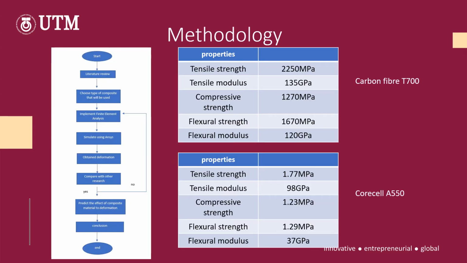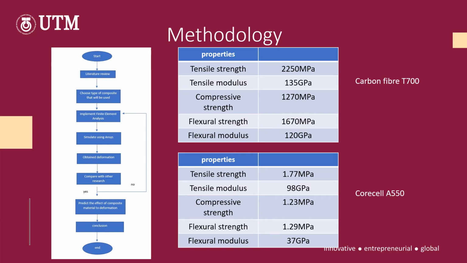This is the flowchart of the methodology. Throughout this research process, this research is a 3D analysis which considers the configuration of both types of composite material with fixed support as the boundary condition and the dimension of the plate as constant, but the type of composite is different.